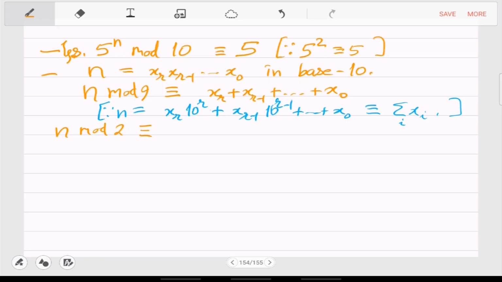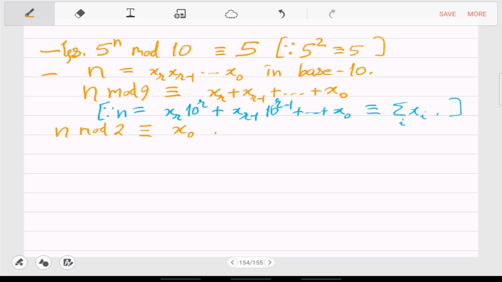And for division by 2, you just look at the last digit. So that is what you recover. n mod 2 is the same as x_0. So divisibility by 2 only depends on the least significant digit, and divisibility by 9 depends on the sum of digits, and so on.